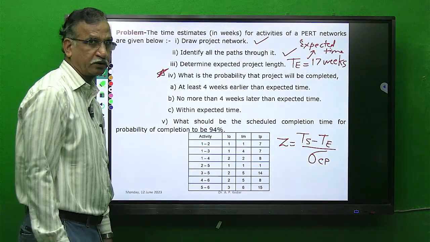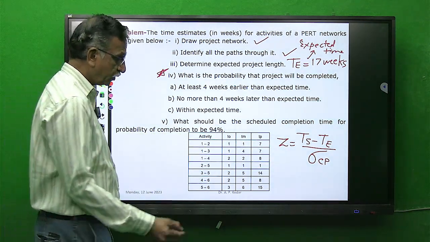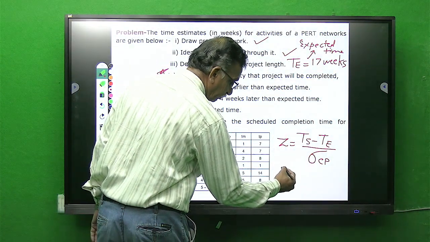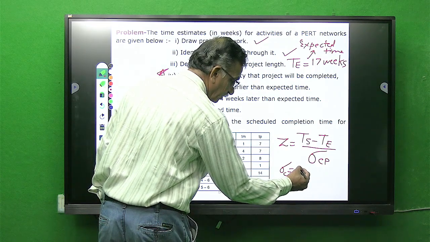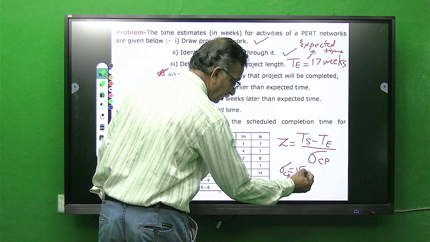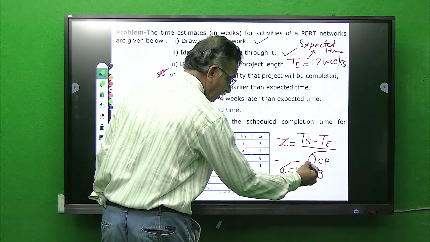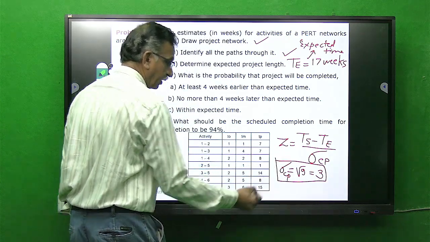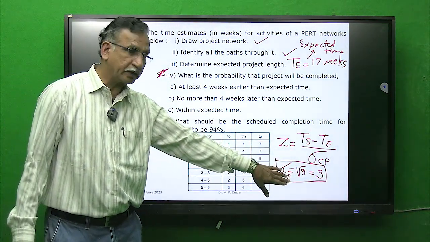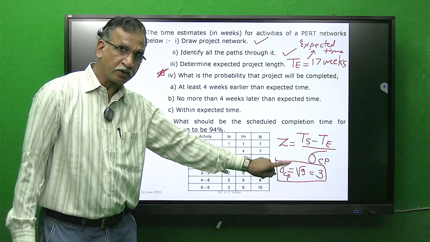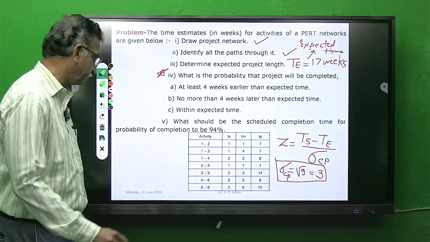CP is the critical path, and for this problem we have estimated this sigma CP as under root 9, which was equal to 3. This we have already calculated in our last lecture. Now we won't waste our time in calculating this again. You can refer to the last lecture for how we estimated this particular value.